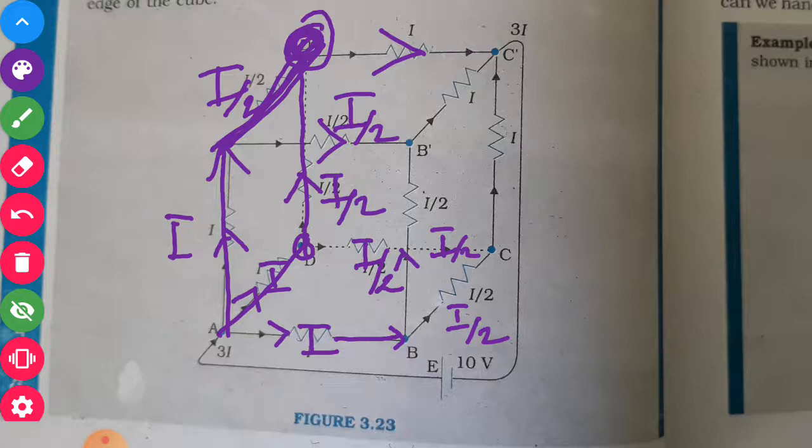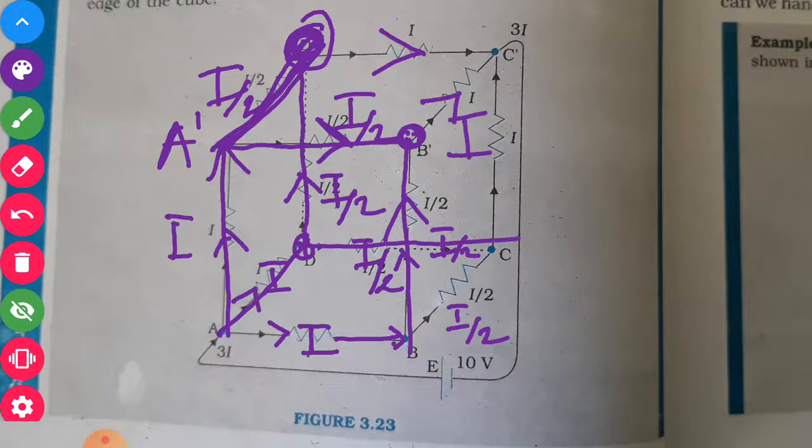Similarly, these two I by 2 currents are reaching at B prime, and I by 2 plus I by 2 becomes I. Similarly from DC and this BC, consider this C point: there also I by 2 current comes, and this also brings I by 2.